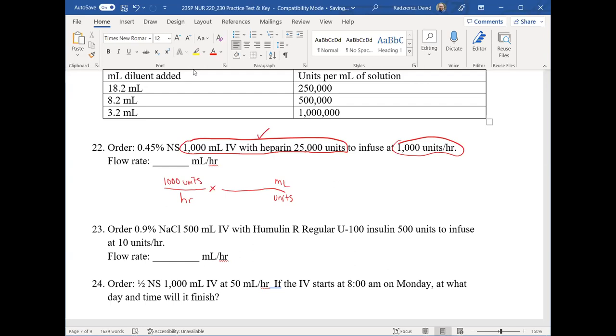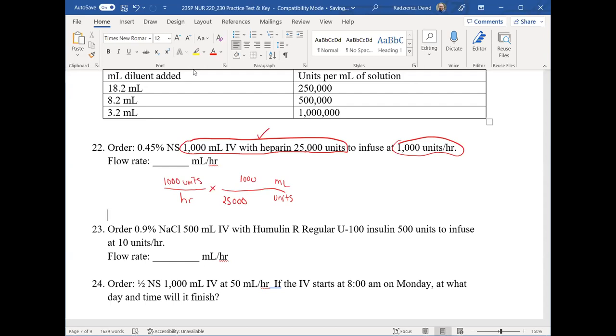It's right here. You have a 1000 milliliter IV that has 25,000 units in it. So all I'm going to do is put the numbers with the units that they go with. So units has 25,000 units and milliliters has 1000 milliliters.